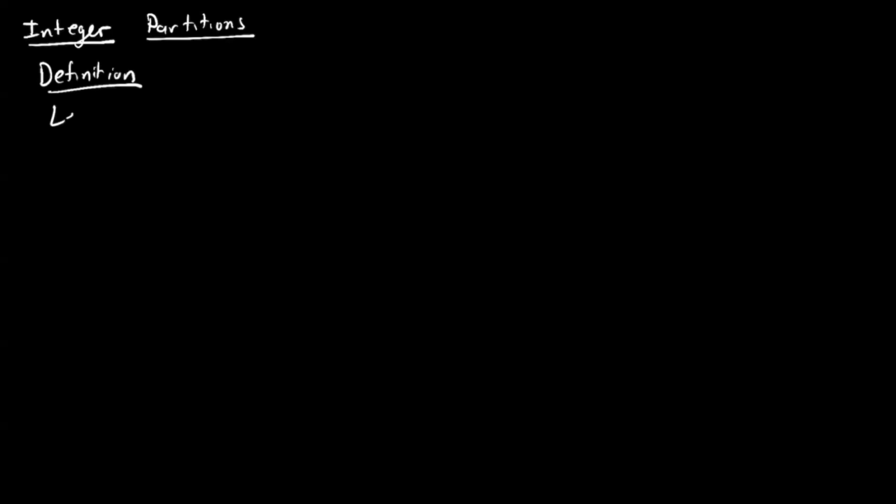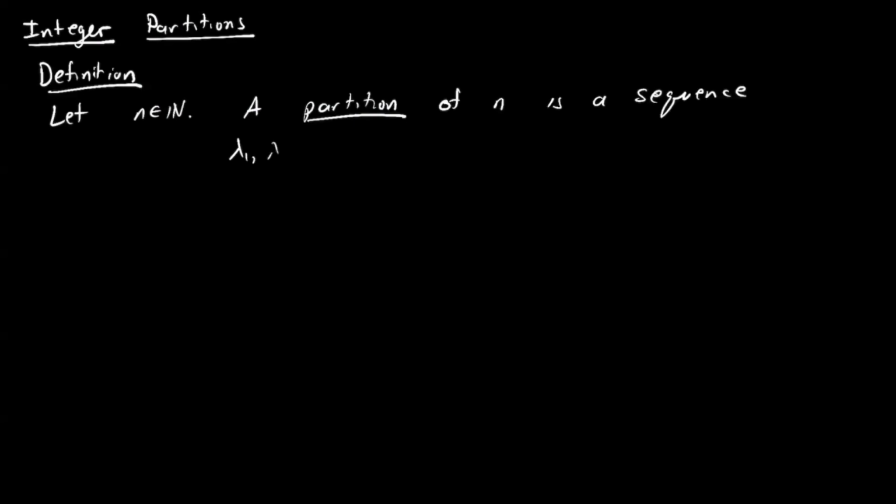So I'll say let n be a natural number. A partition of n is a sequence of natural numbers, let's say lambda 1, lambda 2, through lambda k, such that, again, the one condition that we want is lambda 1 plus lambda 2 plus dot dot dot plus lambda k is equal to n.